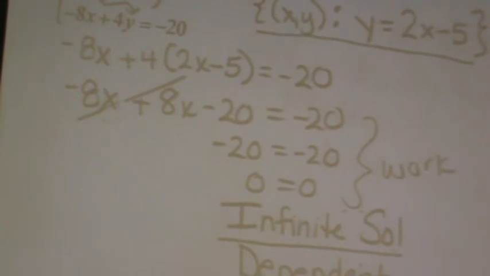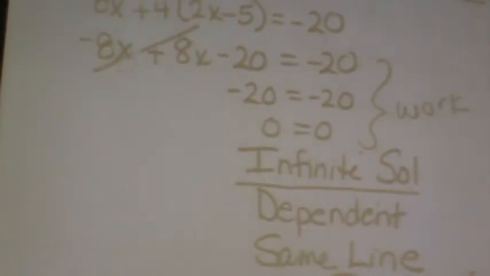That's the work involved in getting that answer. The answer is infinite solutions. Now, if I ask you to describe the lines, you would say that they're dependent lines, the same line. If I ask you to describe the solution, it's a consistent solution. So it just depends on what they ask you. Okay?